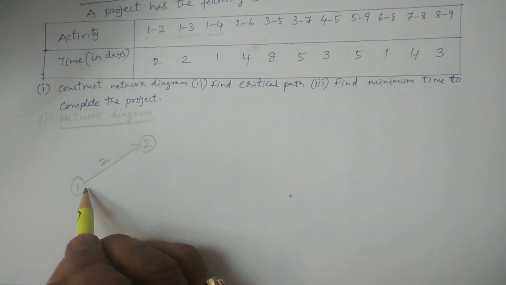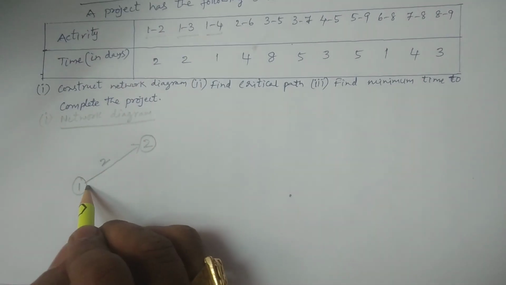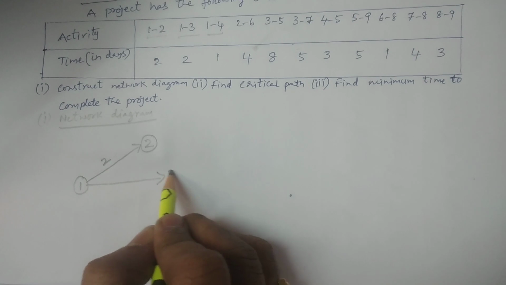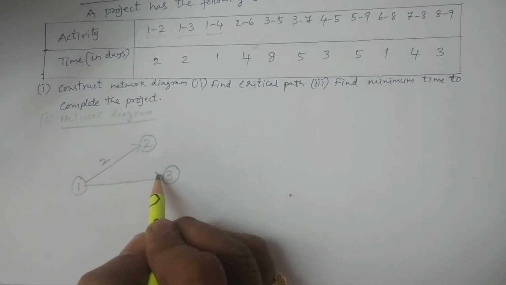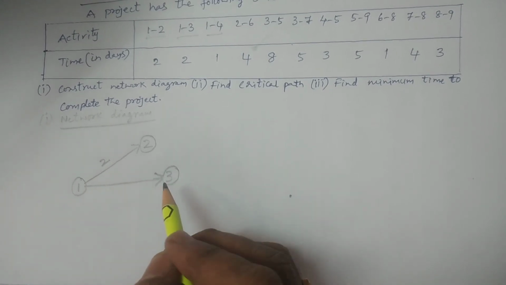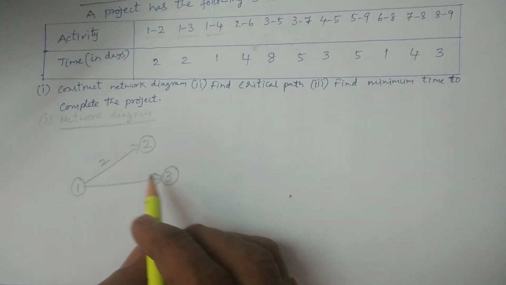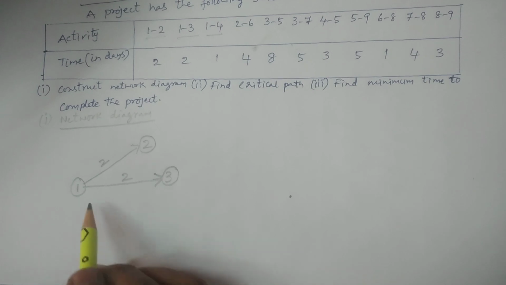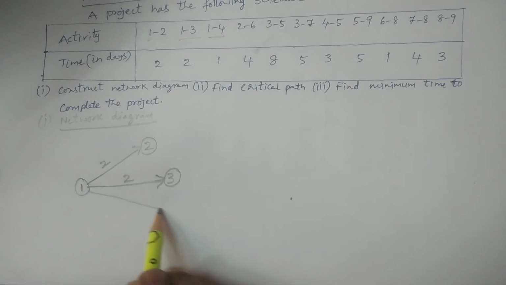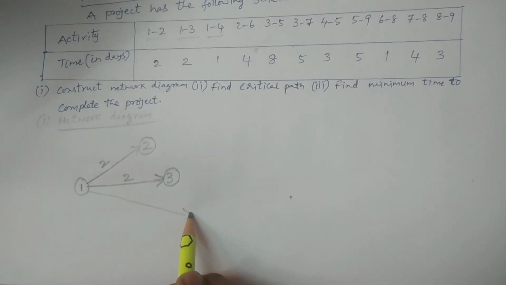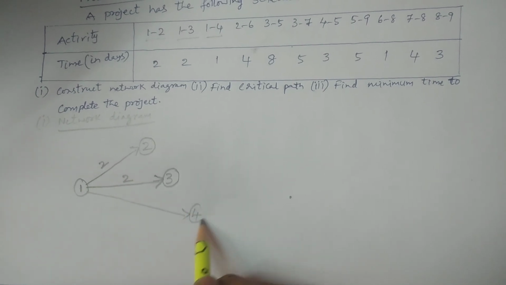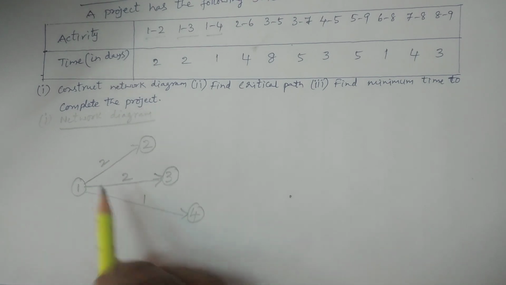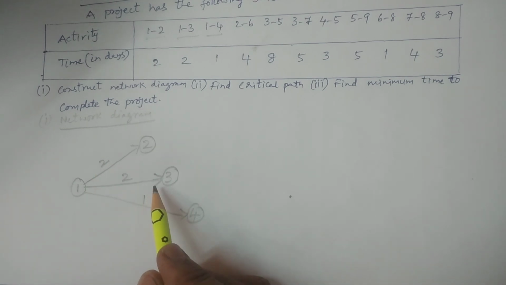And similarly 1 to 3, the second activity, the time duration is 2. And then we have 1 to 4, another activity with the time duration 1. I am writing the time duration above the arrow, right?